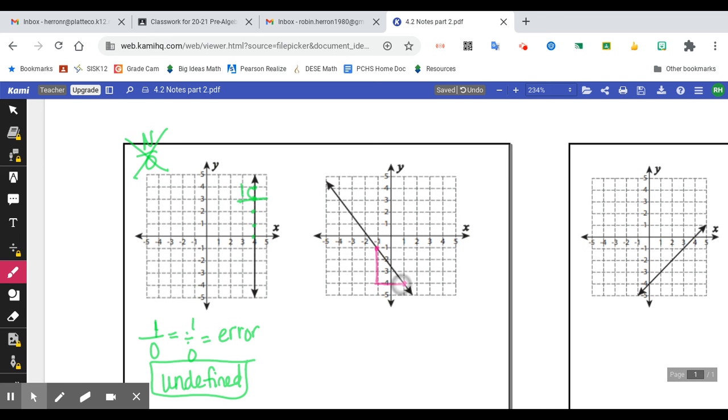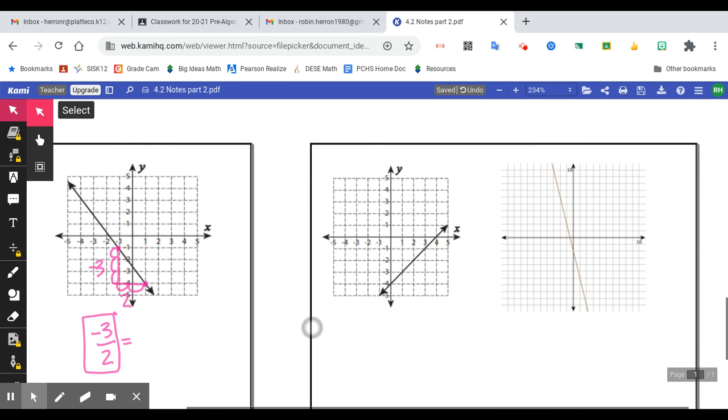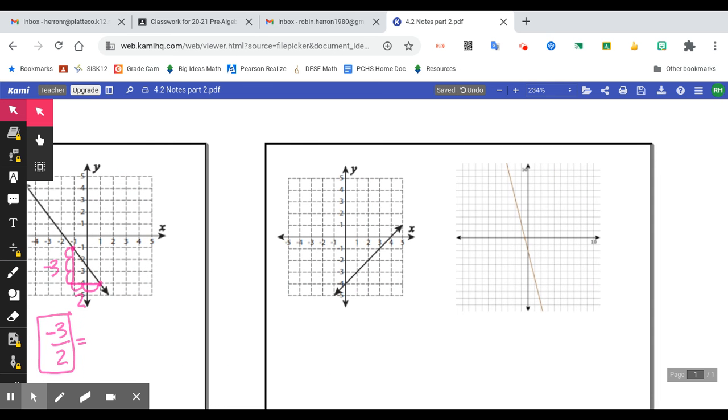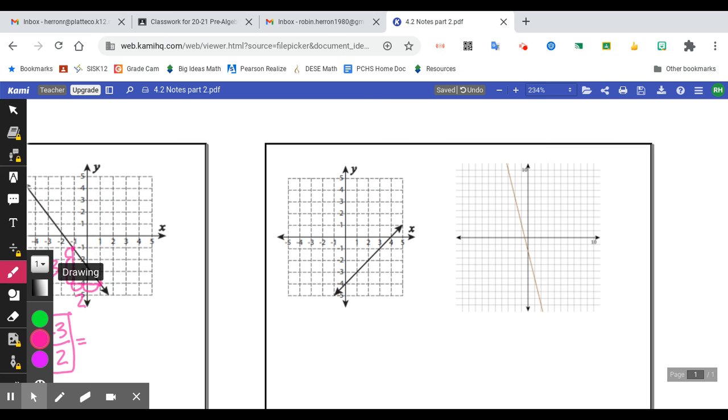I'm sorry, I'm going to go down this time. So 1, 2, 3, 1, 2. So down 3, right 2. So we would have negative 3 over 2. And we can't simplify, so this would be our answer. One's a little bit trickier. Okay? Now, these are the last 2.